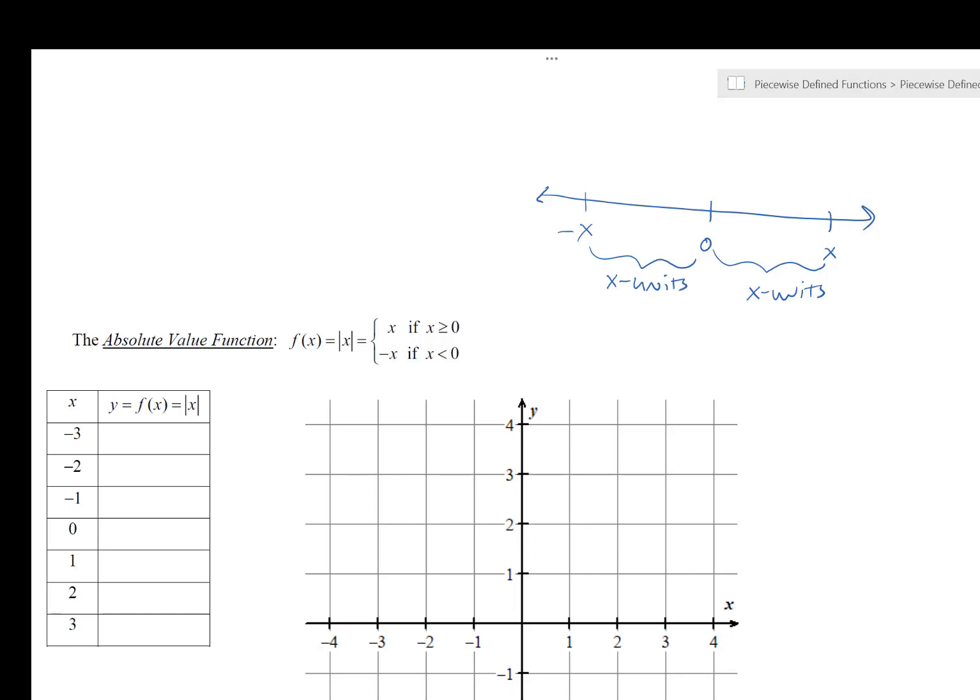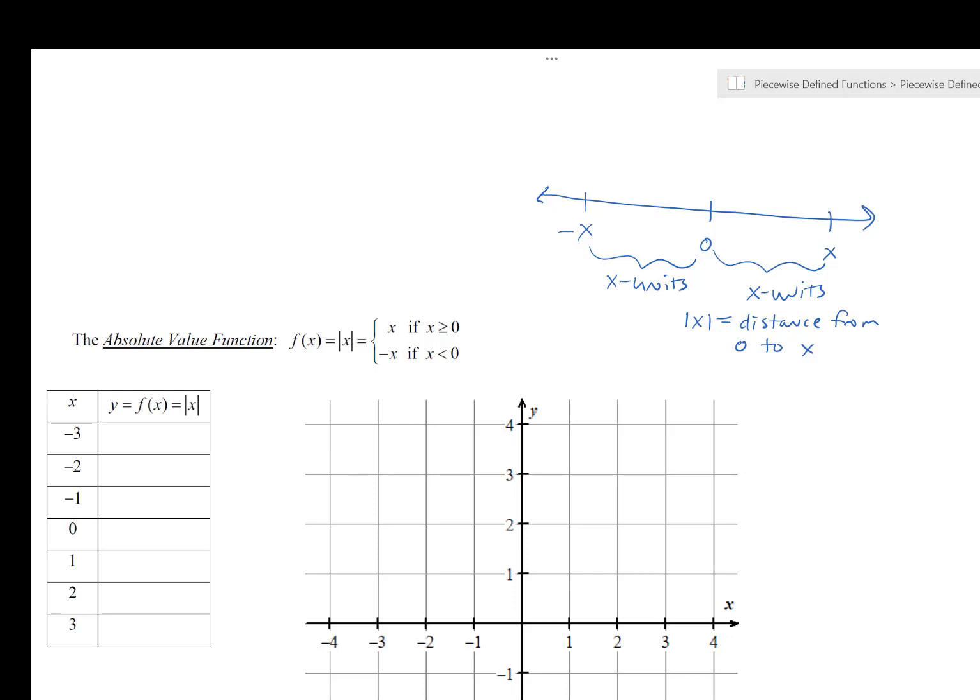Both of these show us what the absolute value of a number is: the absolute value of some number x is just the distance from 0 to x. Hence, if I walk to the left or to the right, if I walk x units from 0, I still walked x units.